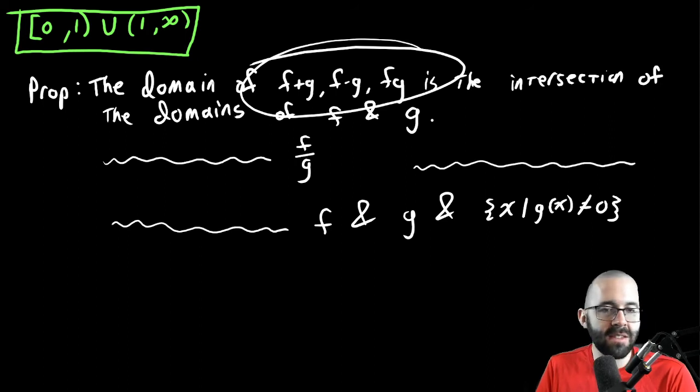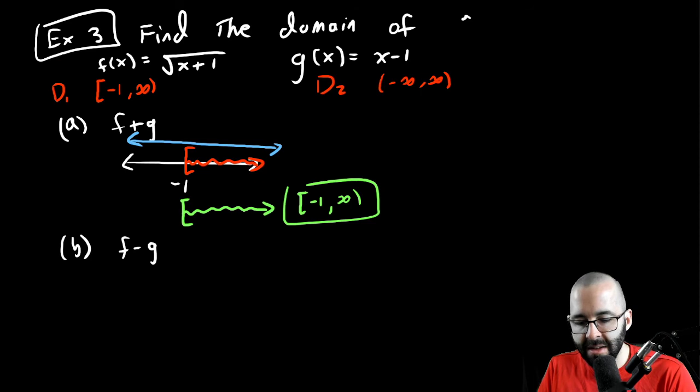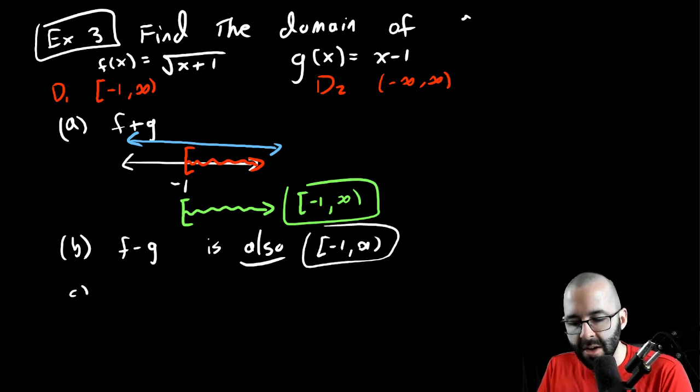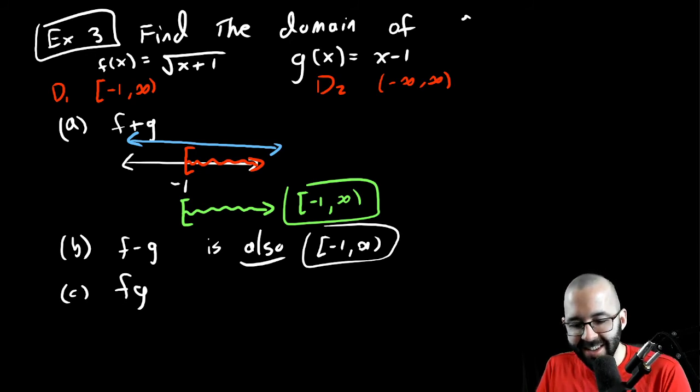We find the domains in the exact same way. Let's recycle our answer. It's also -1 to positive infinity. Part C, what's the domain of f times g? It's the same thing. It's also -1 to positive infinity.